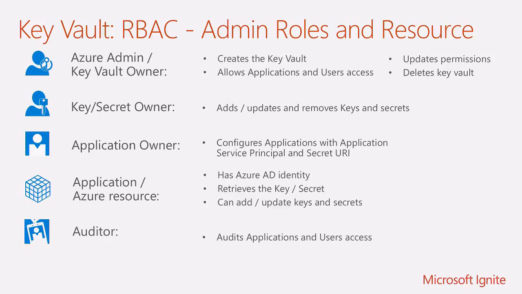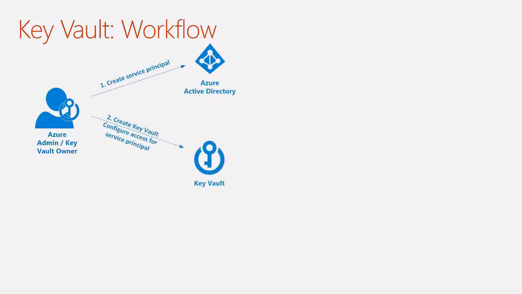So that's what leads us on to the next step in the exercise then, which is how this whole process fits together and what are the steps that are involved in actually being able to use a key in an application or a process. So the first part is that first role that we spoke about, which is the admin role and the Key Vault owner that's going to create that Key Vault for us in the Azure environment where we're going to put it.